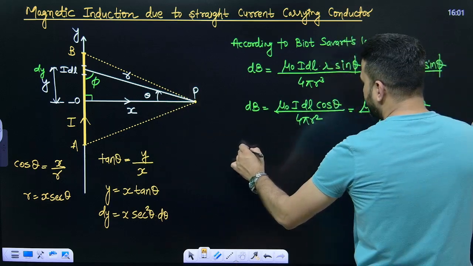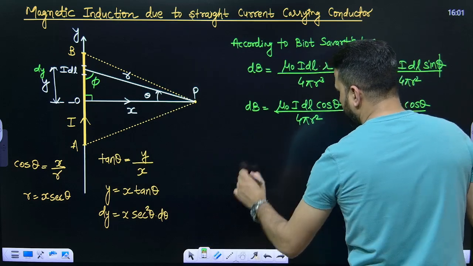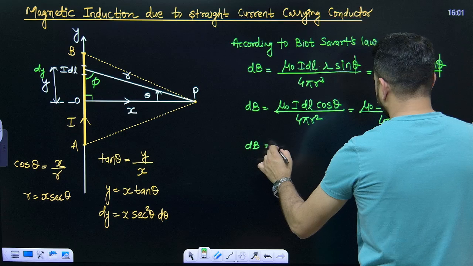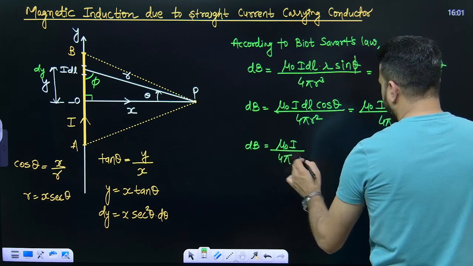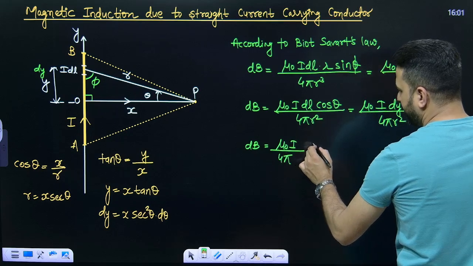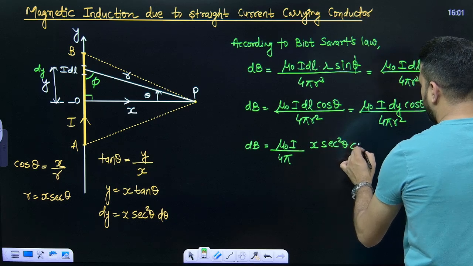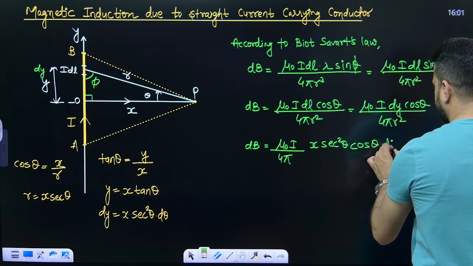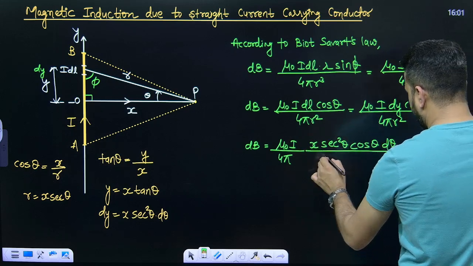Now we will have dB is equal to mu naught I upon 4 pi, and dy is x sec square theta cos theta d theta, whole divided by 4 pi r square.